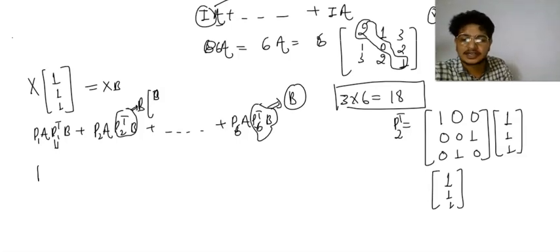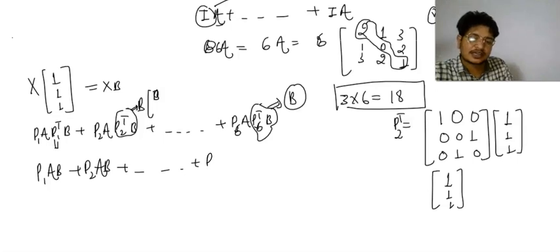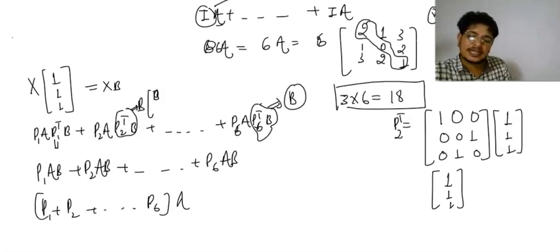So here I will write the value as P1 AB, P2 AB, and similarly it goes up to 6, so P6 AB. Now if I take AB common, I will get P1, P2, up to P6, into AB.